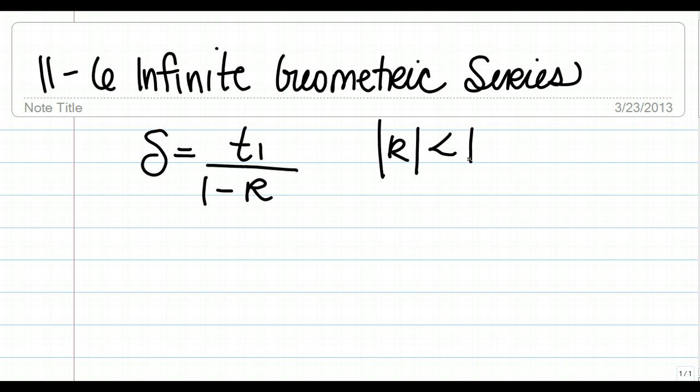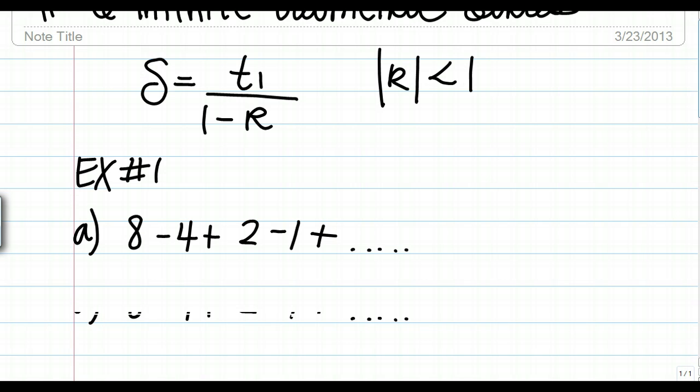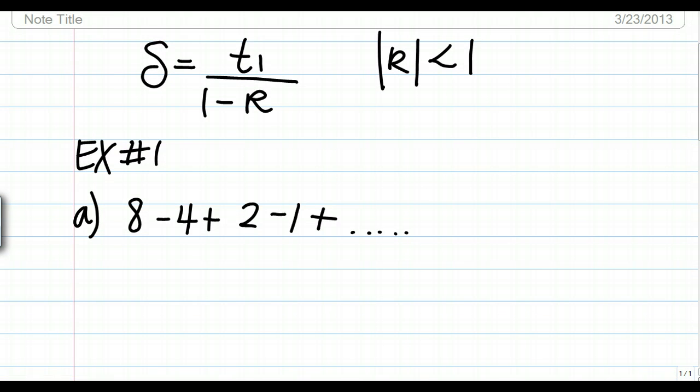So, for example, let me do A: 8 minus 4 plus 2 minus 1 plus ... The first thing you want to do, since you're finding the sum of an infinite geometric series, is make sure that the absolute value of its ratio is less than 1.